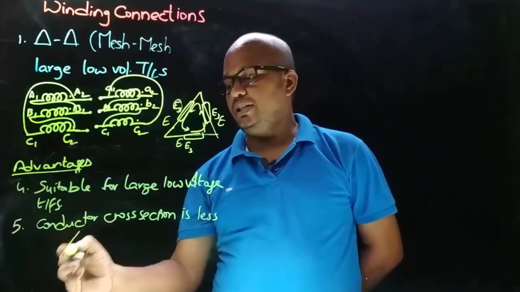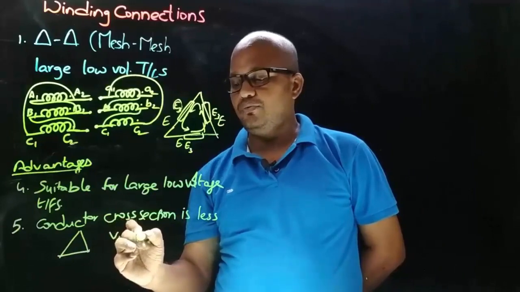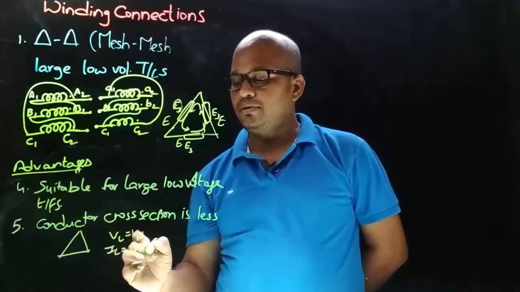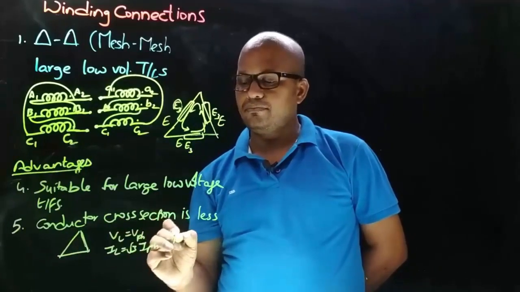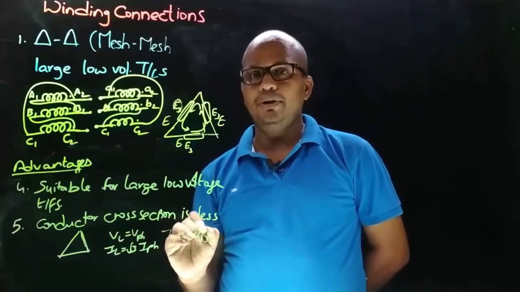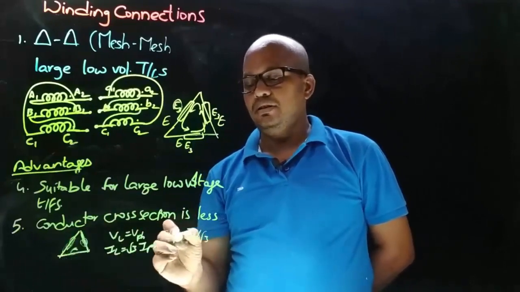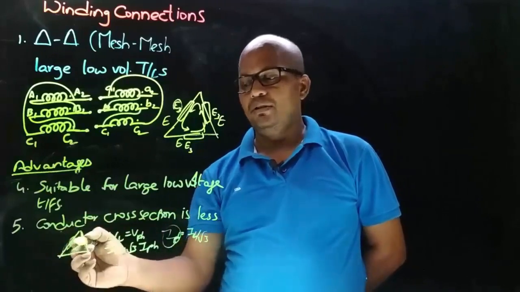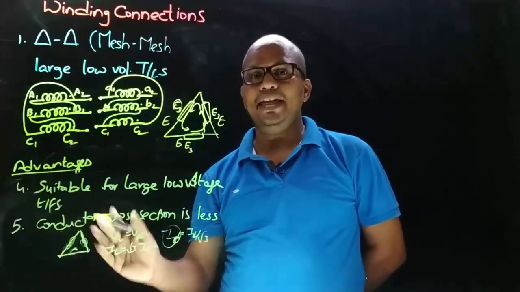That is, we know that in delta connection line voltage is equal to phase voltage and line current is equal to root 3 times phase current. Means here in each phase the current is IL by root 3. So in each phase there will be less current when compared with the line currents, which means less cross section conductors can be employed in the phases.